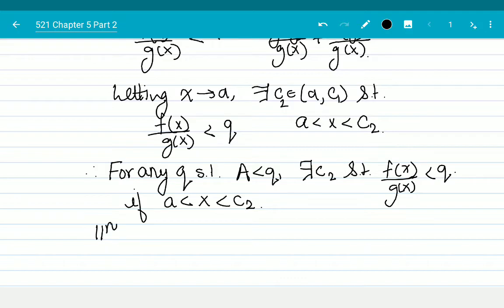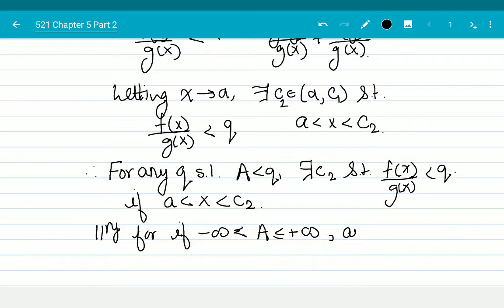Similarly, for a, if negative infinity is smaller than a smaller than or equal to positive infinity, right?